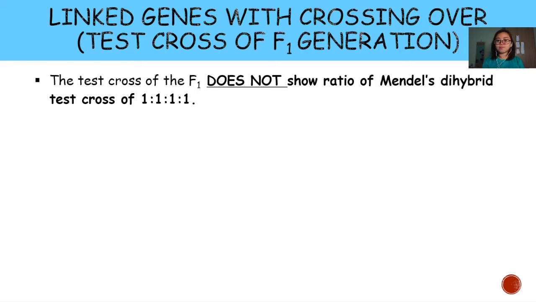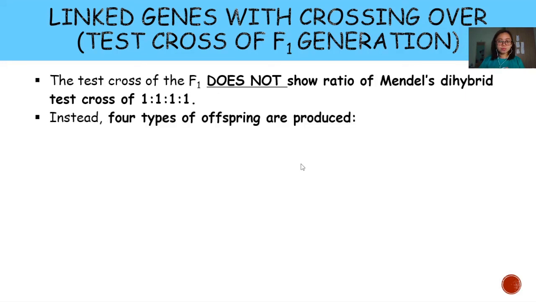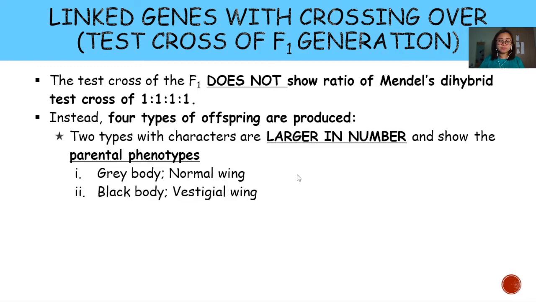test cross. Kalau Mendel's dihybrid test cross yang biasa, dia akan tunjukkan nisbah 1, nisbah 1, nisbah 1, nisbah 1. Tapi bila kita buat test cross untuk link gene, dia akan lari daripada nisbah itu. Kamu akan dapat 4 jenis phenotype untuk offspring. Kamu akan dapat 2 jenis daripada 4 itu adalah lebih banyak.